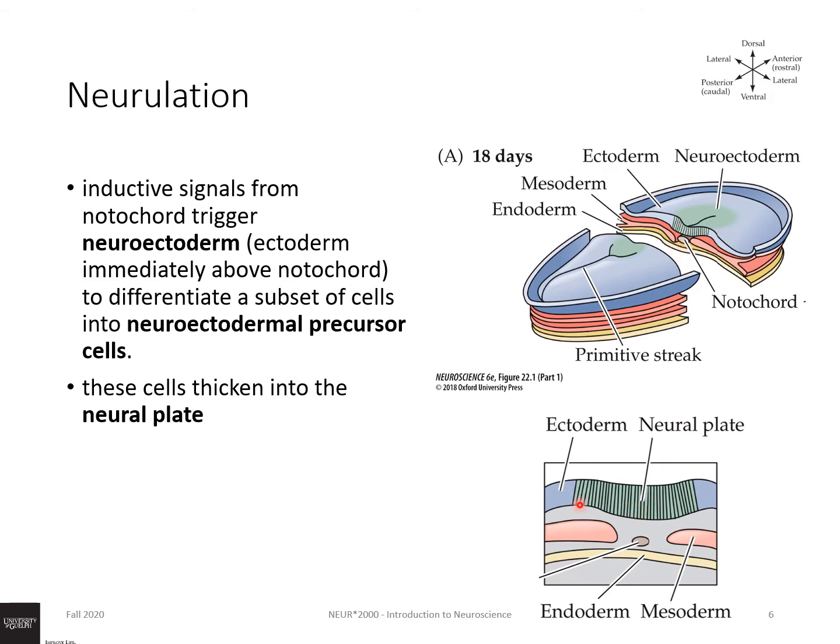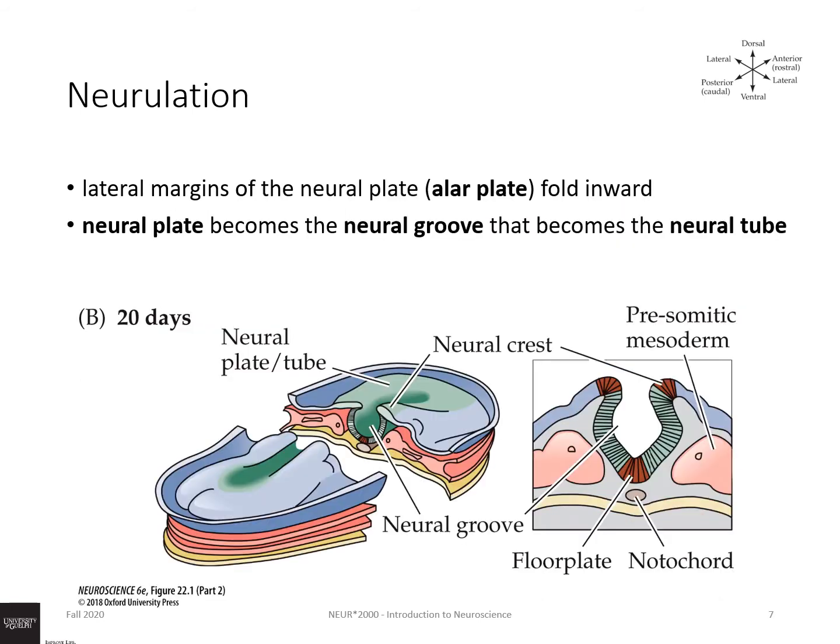And these cells thicken and they become what's known as the neural plate. So as the neurulation proceeds, the neural plate begins to fold at the midline, again adjacent to the notochord, and this forms the neural groove and ultimately the neural tube.